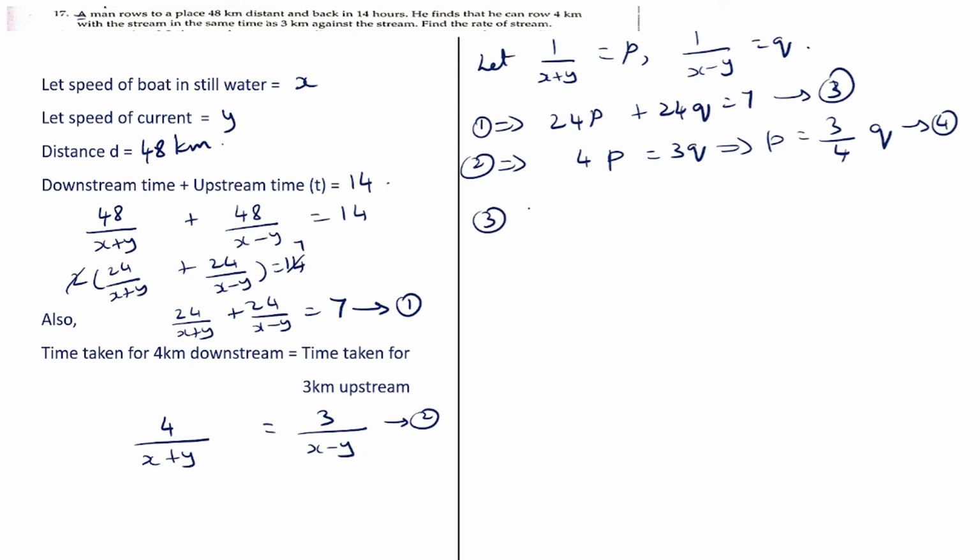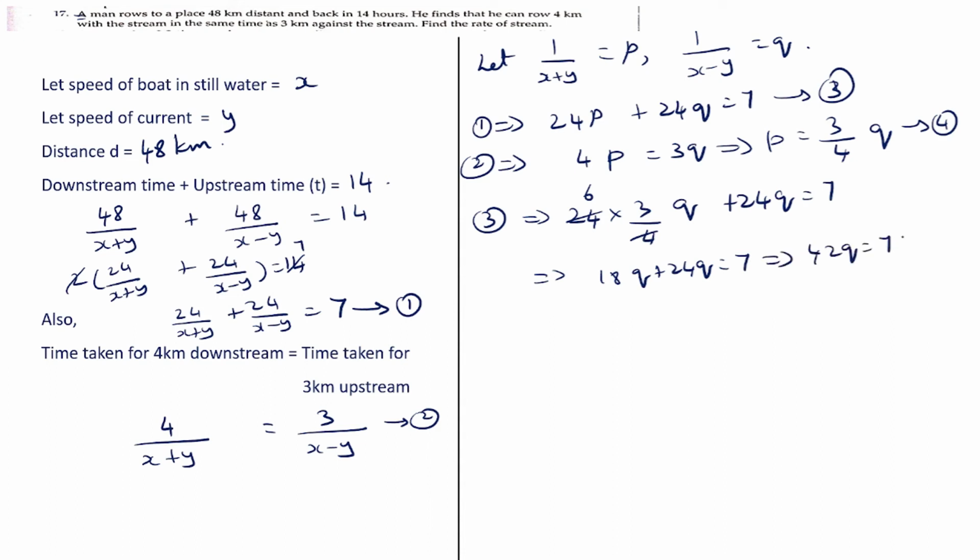Now if we substitute the value of p as 3q by 4 in equation 3, we will be able to find q. So 3 implies 24 into 3q by 4 plus 24q equal to 7. So 18q plus 24q equal to 7, or 42q equal to 7.